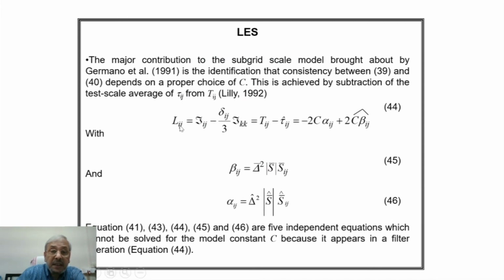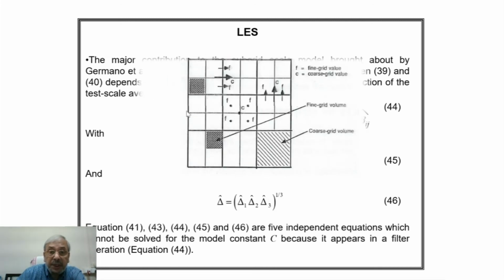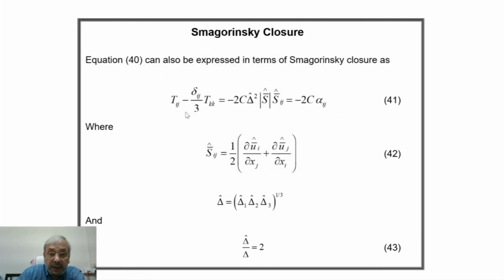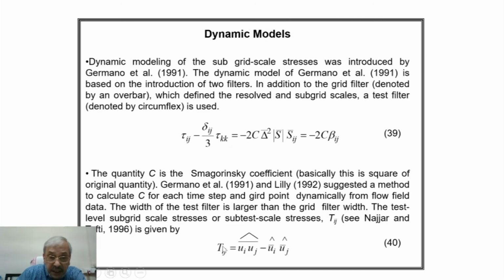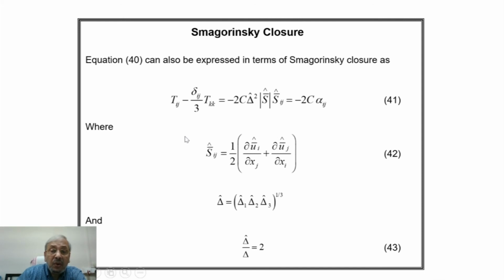That means we can establish a relationship between, again, this Tij and tau ij. How?